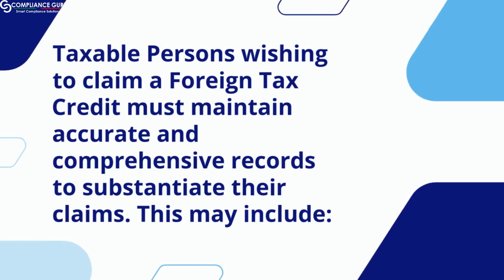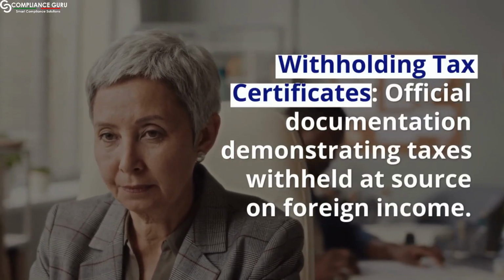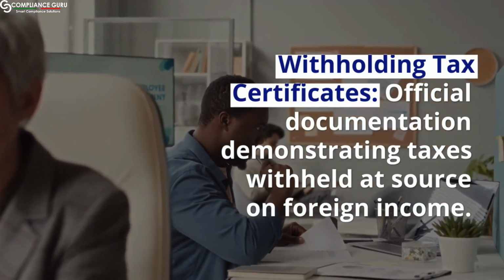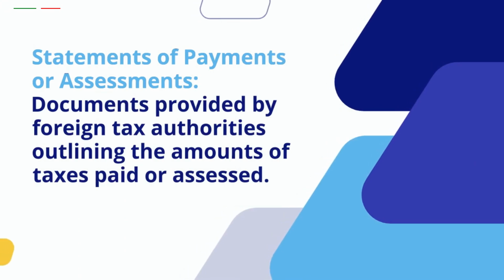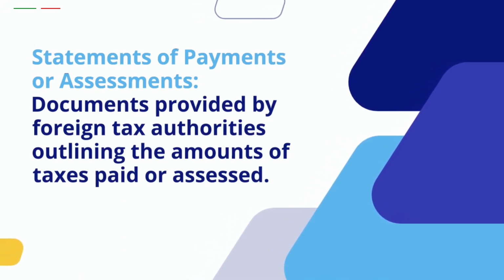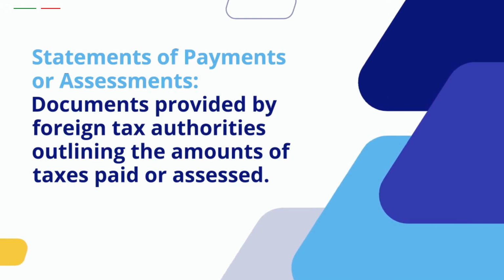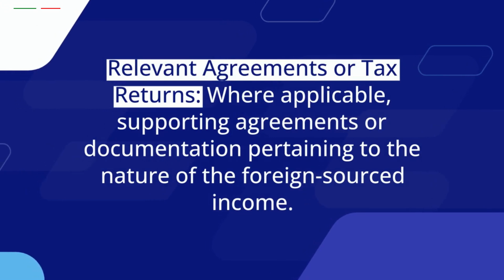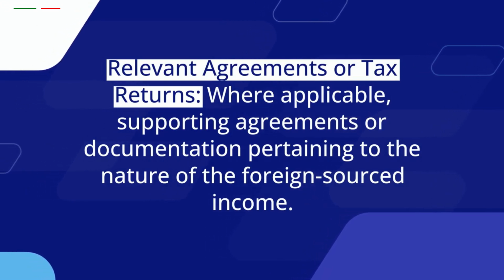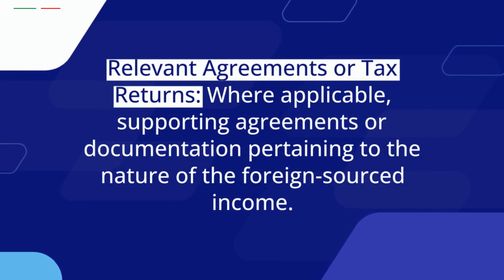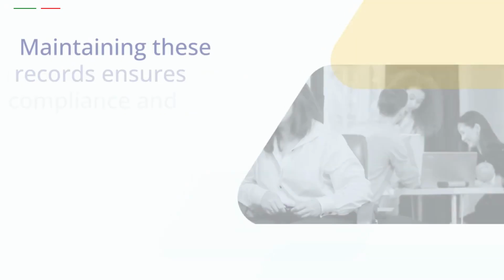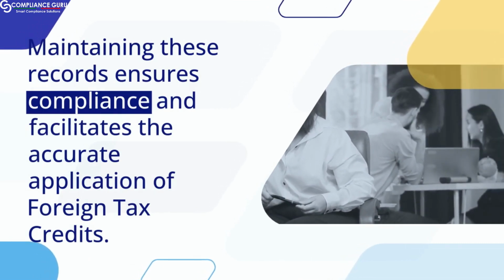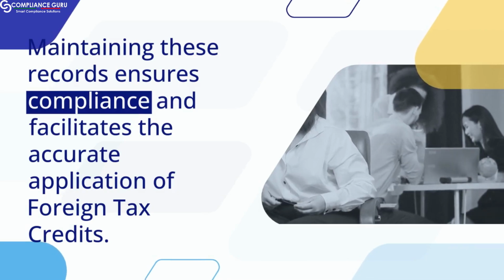This may include withholding tax certificates, official documentation demonstrating taxes withheld at source on foreign income, statements of payments or assessments, documents provided by foreign tax authorities outlining the amounts of taxes paid or assessed, and relevant agreements or tax returns, where applicable, supporting agreements or documentation pertaining to the nature of the foreign-sourced income. Maintaining these records ensures compliance and facilitates the accurate application of foreign tax credits.